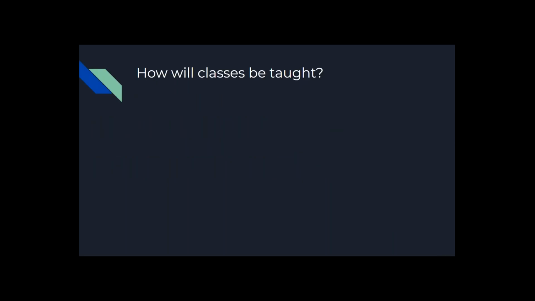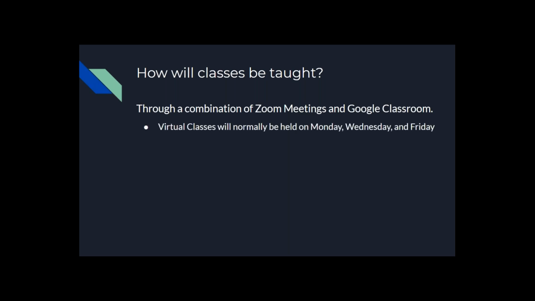So how will classes be taught? Quite frankly, I think it's fairly simple. It'll be through a combination of Zoom meetings and the use of Google Classroom. Virtual classes will be held at the very least this week, Monday, Wednesday, and Friday at those time slots that you should have gotten an email about at some point from me.